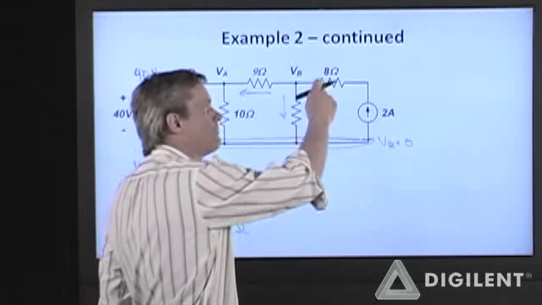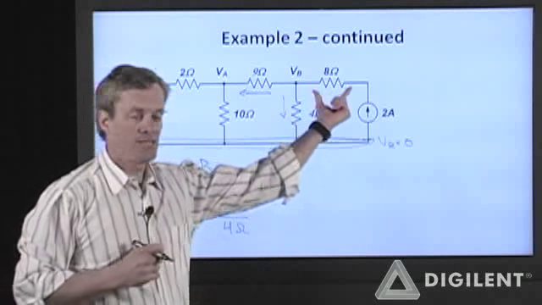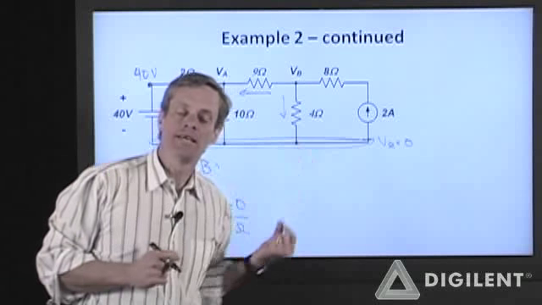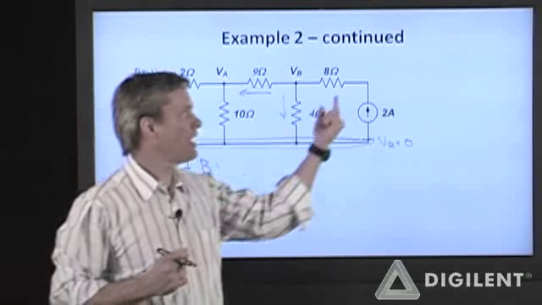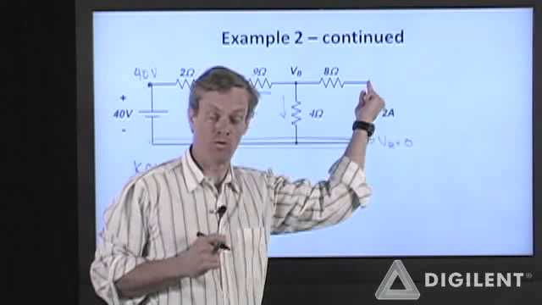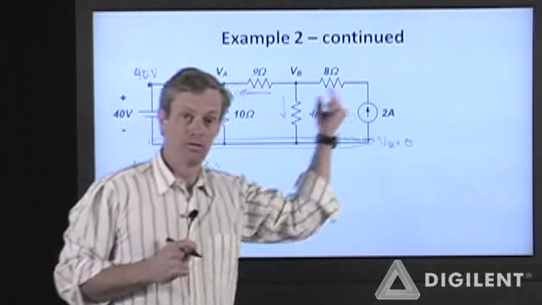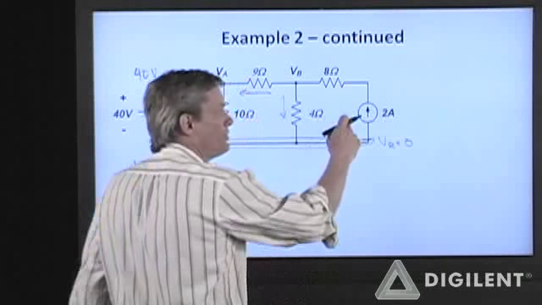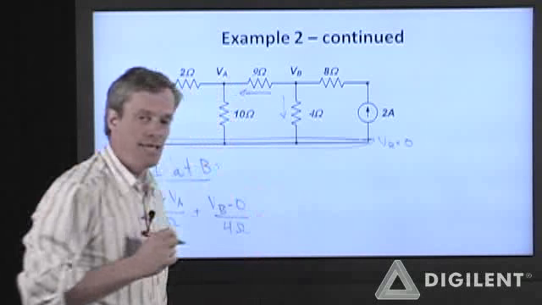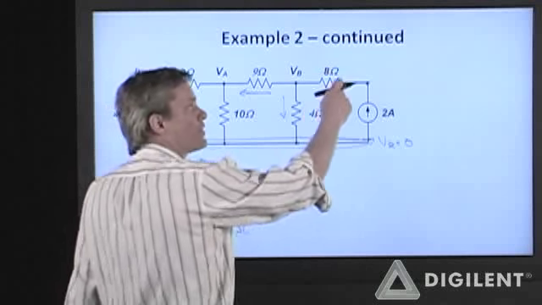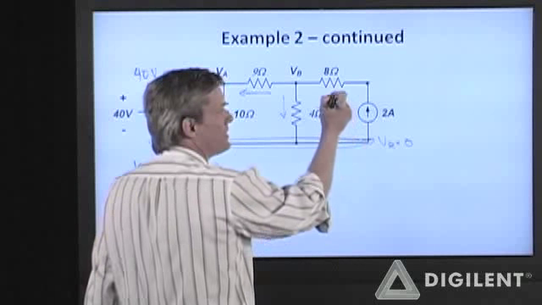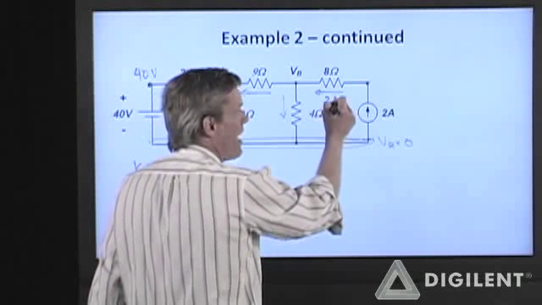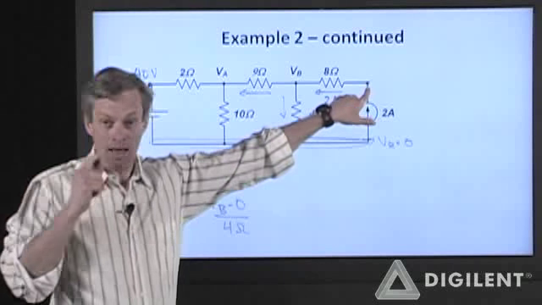Now I need to find the current going through this 8 ohm resistor. When I was identifying independent nodes, I was claiming that I didn't need to know this voltage. The reason I don't need to know that voltage is if I do KCL here, the current through this 8 ohm resistor is 2 amps regardless of what that voltage is.